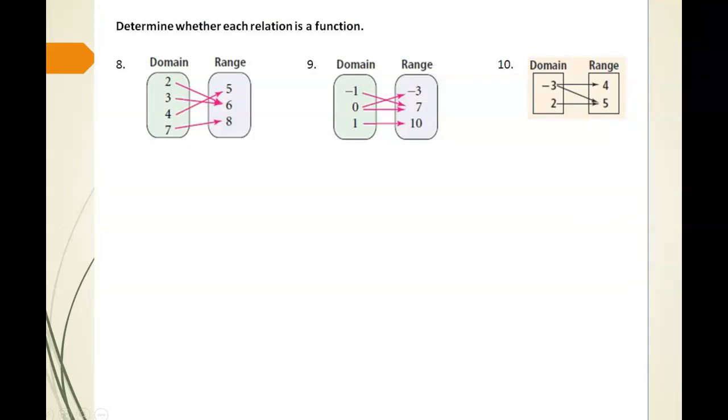So in that first example, 2 maps to 6, 3 maps to 6, 4 maps to 5, 7 maps to 8. So because each element of the domain pairs to only one element of the range, this is a function.